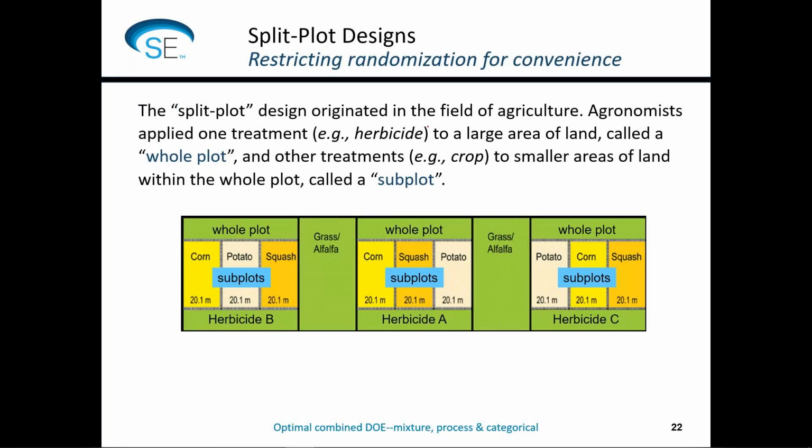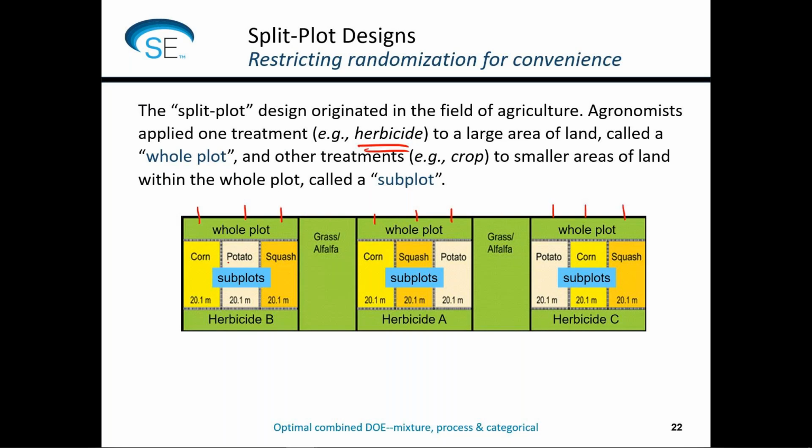This split plot originated way back when, I think even going back to the days of Fisher and his work on inventing DOE for agronomy. And one classic example is you're going to spray a herbicide and you can't do it so narrowly when you take the path to get over each strip of the different types of the plants that you're planting.